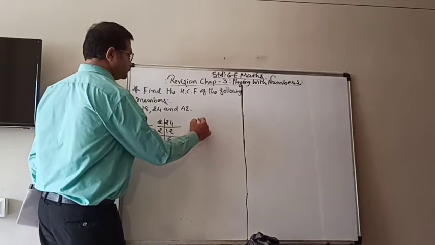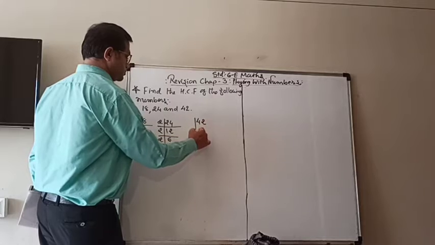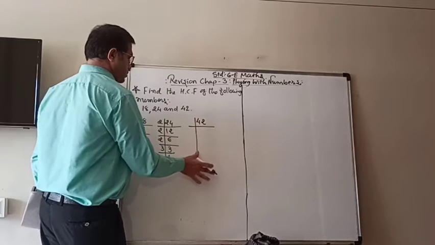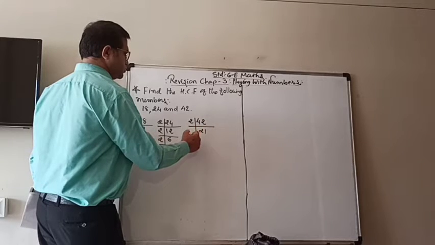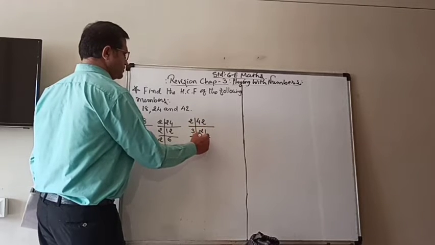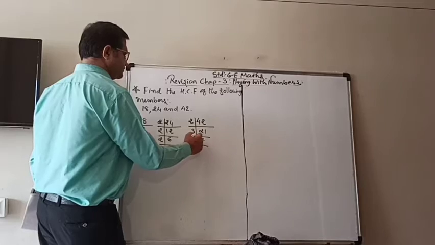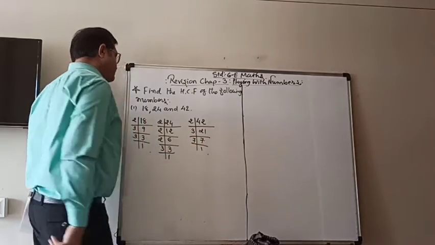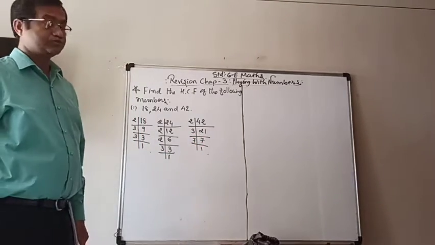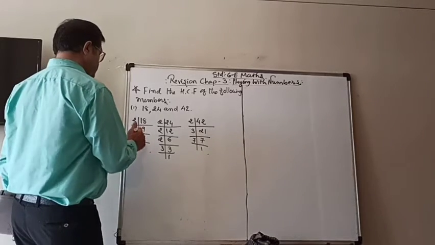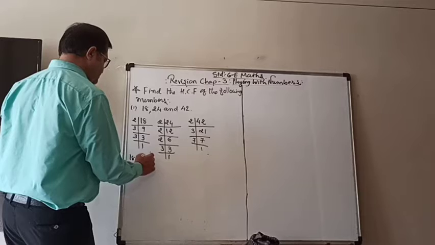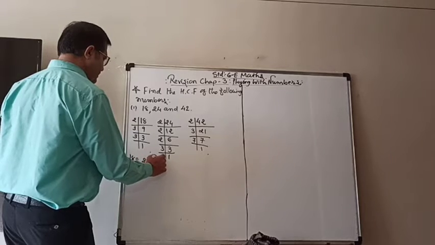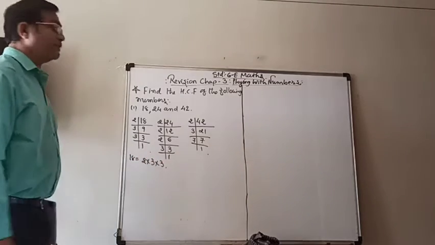Then 42. 21 2s are 42, 7 3s are 21 and 7 1s are 7. So now we will write down all the factors. 18 is equal to 2 multiplied by 3 multiplied by 3.